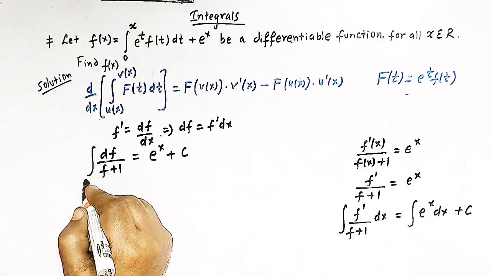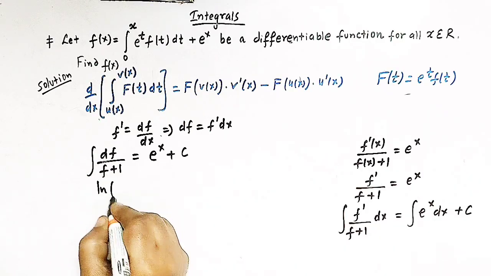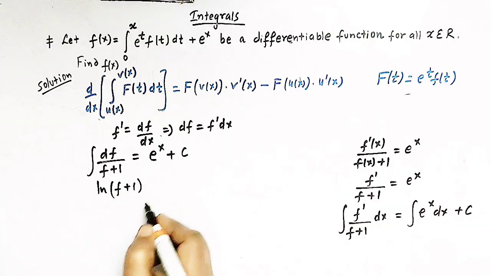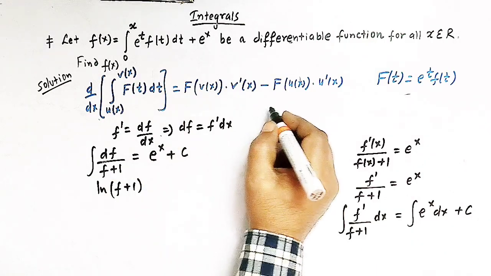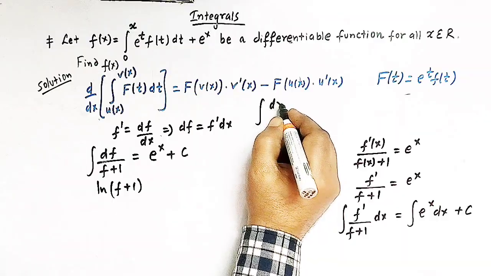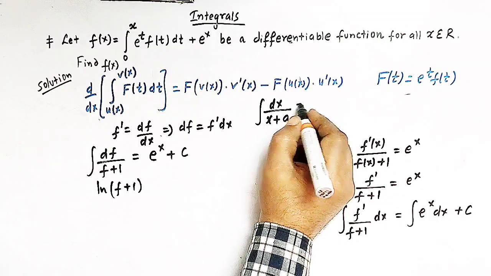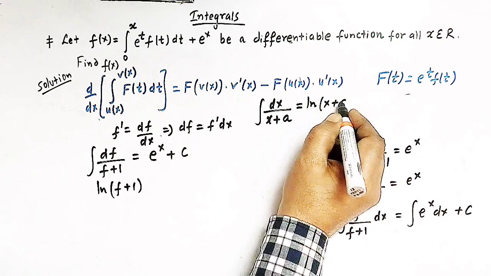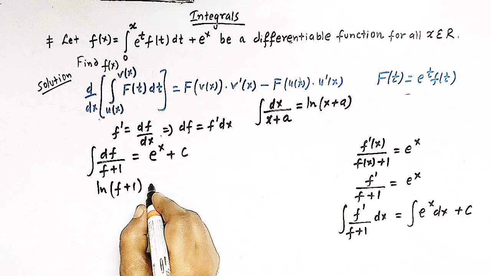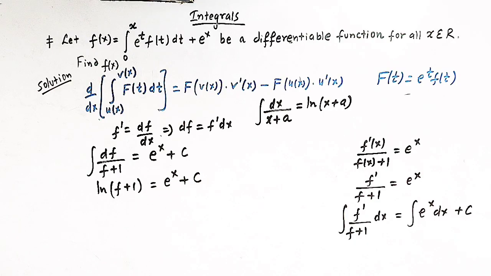So now the integral of df over f plus 1 is simply log of f plus 1, right? Because here we know the result, that is the integral of dx over x plus a is equal to log of x plus a, right? So here we have e raised to x, plus c, the constant of integration.